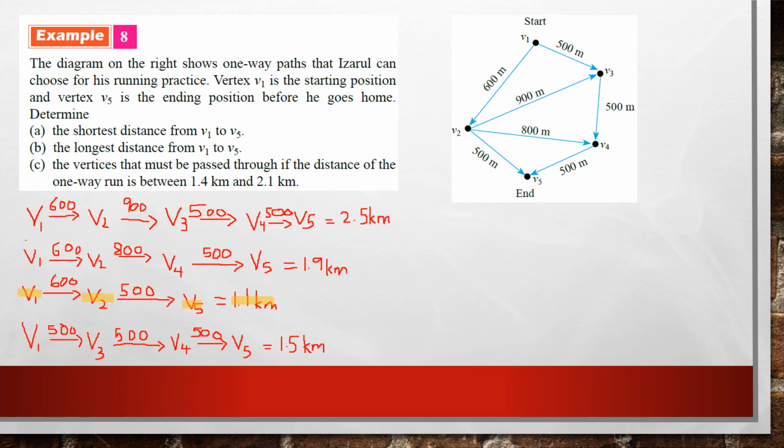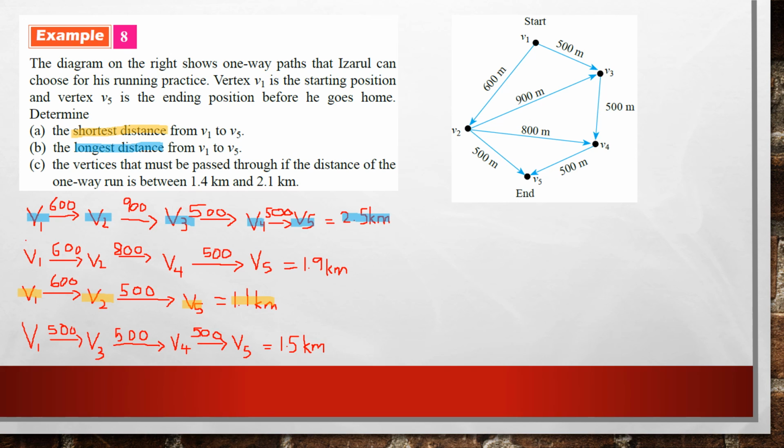Next, for the longest distance, you get the longest, that is 2.5 kilometer. That means you start from V1, you go to V2, then V3, then V4 and V5.